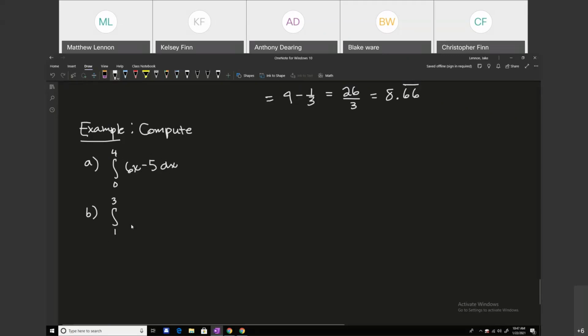I don't think they're necessary, but it's just notation, so it kind of depends on who's writing it. So the second one, integral from 1 to 3 of 1 plus 2x minus 4x cubed dx. C, let's say the integral of 4 square root x from 1 to 9.